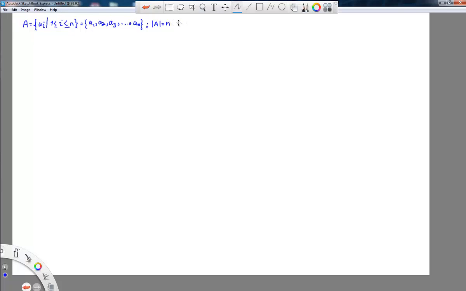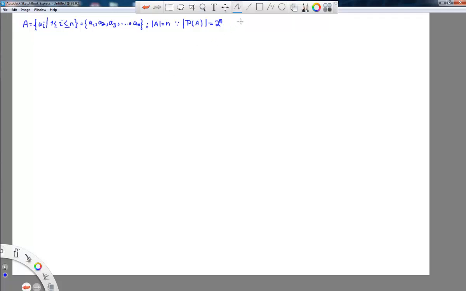Now, if that was the case, then the size of the power set of A is going to be 2 to the n. Meaning that if my original set has n members, then its power set will have 2 to the n members.